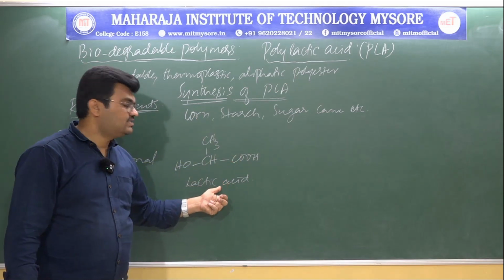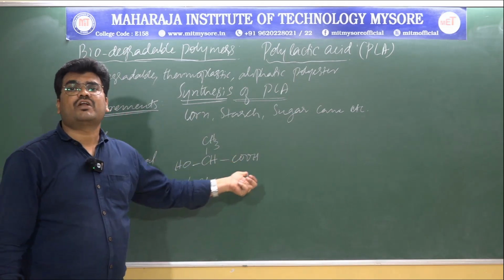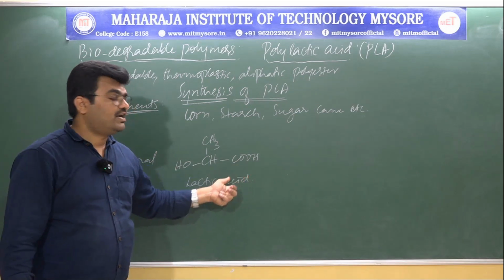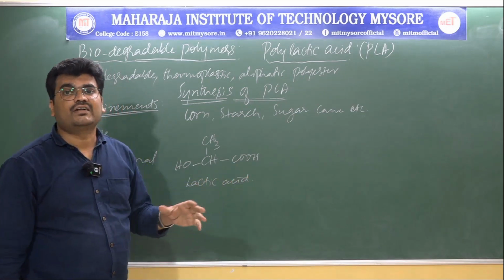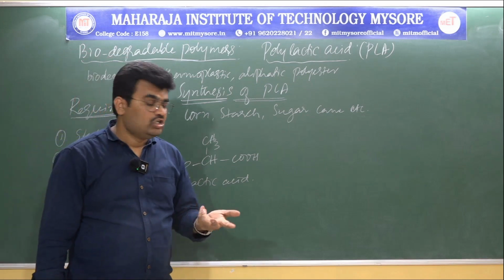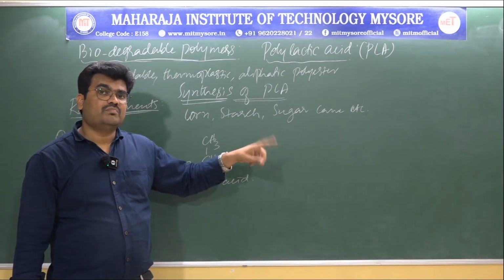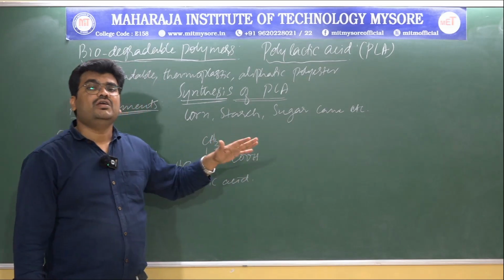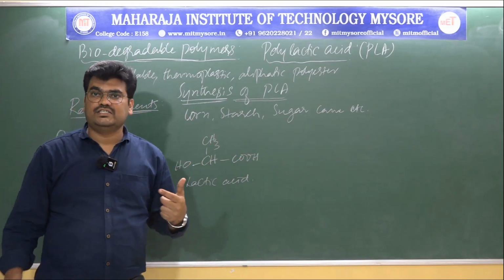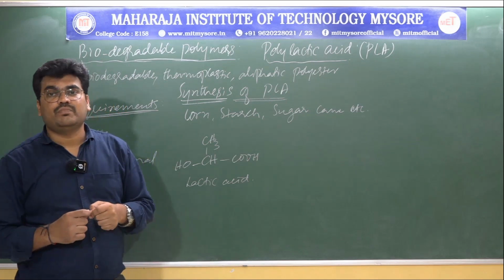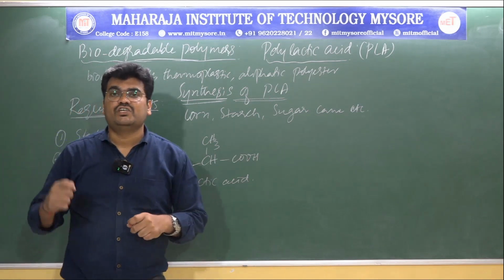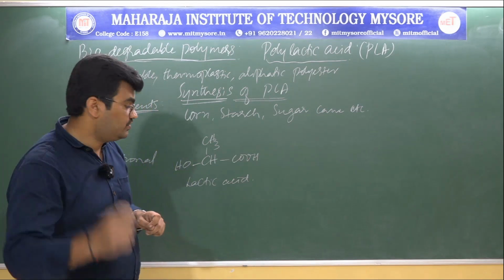Once lactic acid is prepared, it is oligomerized and catalytically converted into lactide monomer. Then from the lactide monomer, high molecular weight polylactic acid is prepared by ring opening polymerization in the presence of stannous octanoate as a catalyst.